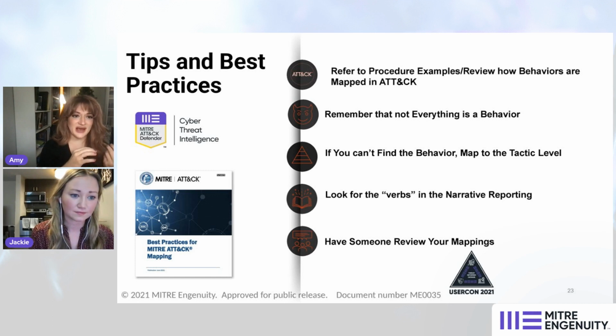The ATT&CK team has at least 2 members review and compare results for every single report. This provides an opportunity to discuss differences in opinion and in perspective in mappings, and differing interpretations of what a behavior is.